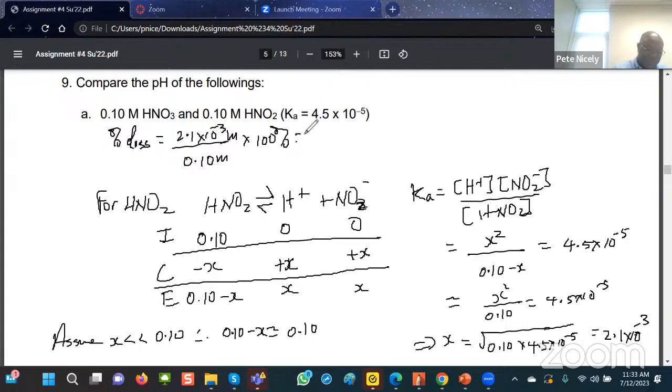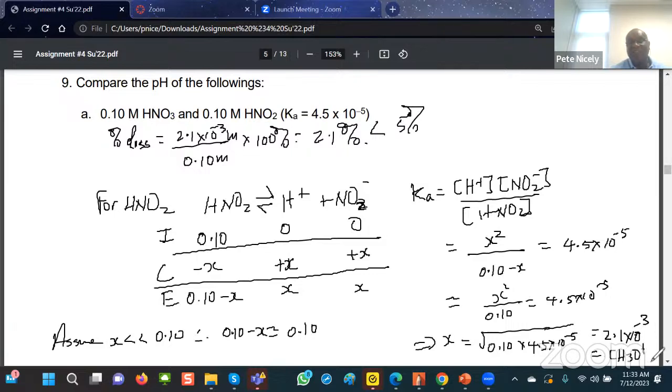Divide by 0.1 times 100. Okay, so in this case, it's 2.1%. That is definitely less than 5%, right? So therefore, the assumption is valid.